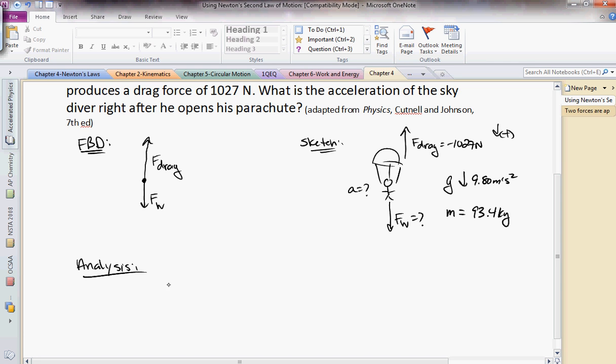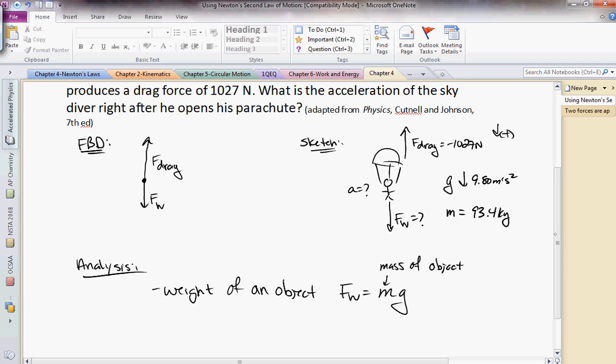For the weight of an object, I'll just give you this piece of information. The weight of an object is going to be equal to the mass of the object times the acceleration of gravity at that location.